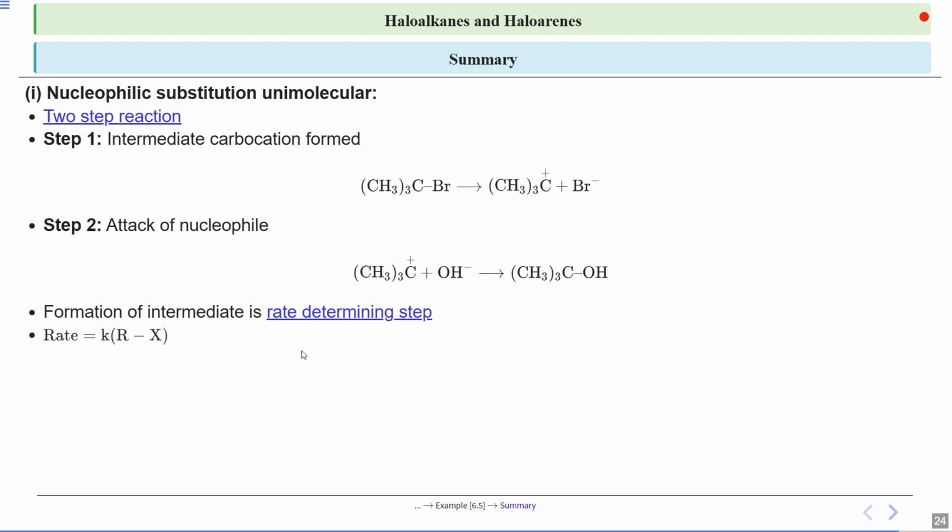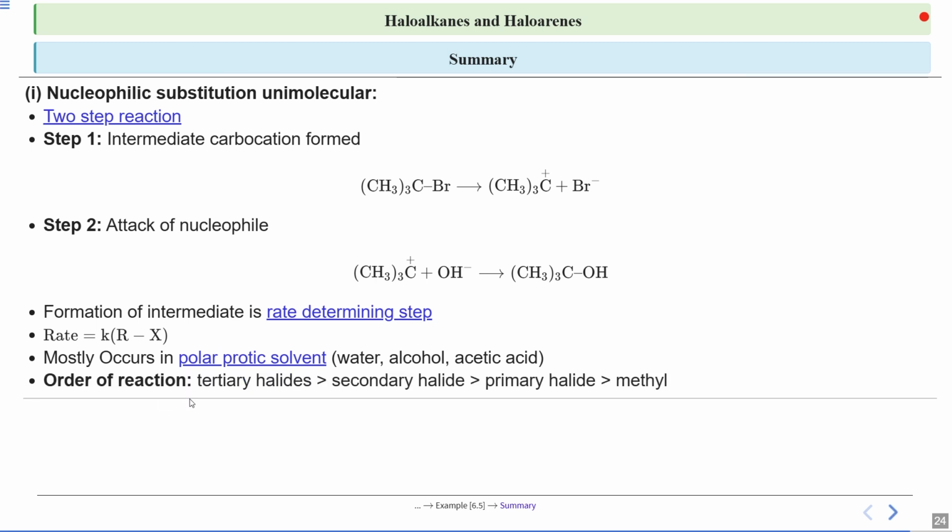The formation of the intermediate is the rate determining step because it is the slowest step. So the rate depends upon the concentration of alkyl halide only: rate equals rate constant multiplied by the concentration of alkyl halide. It mostly occurs in polar protic solvents like water, alcohol and acetic acid, due to the stabilization they provide to the carbocation.